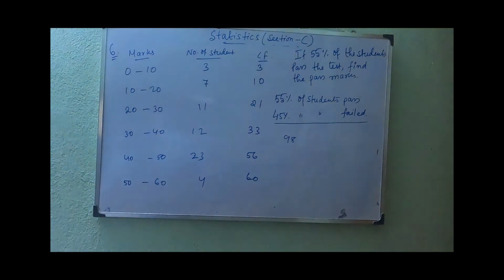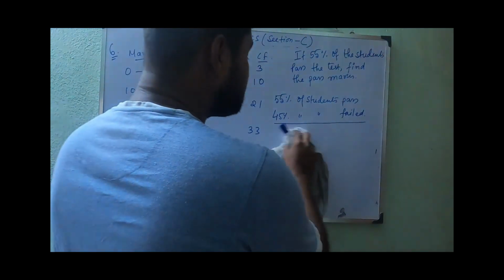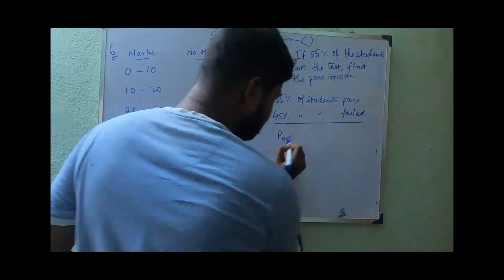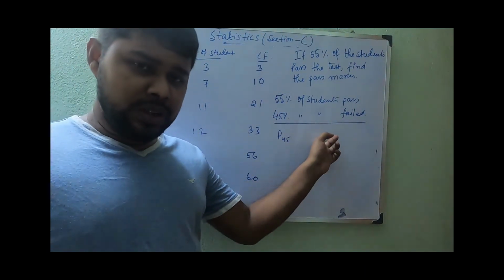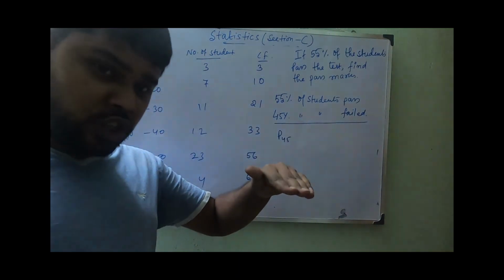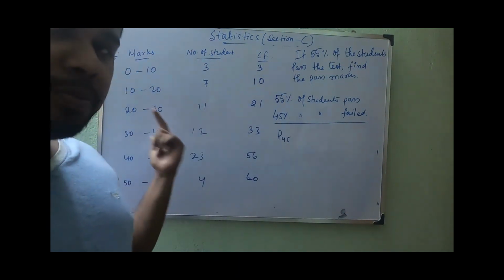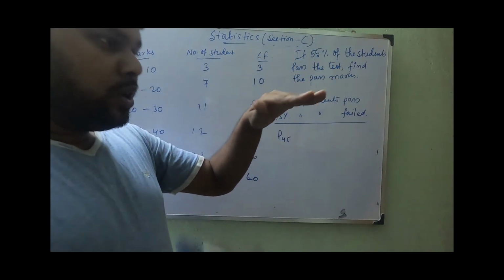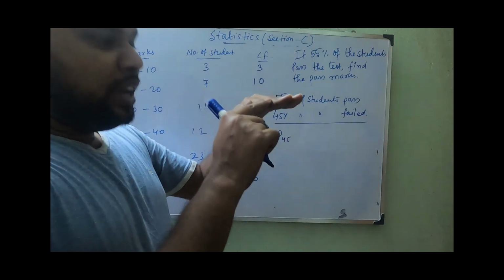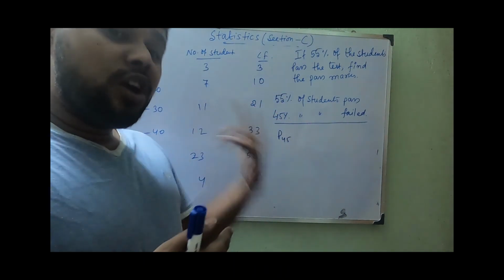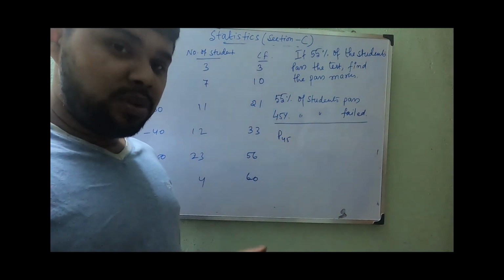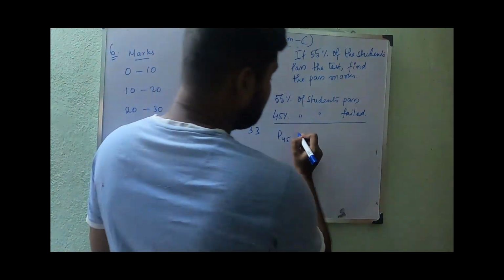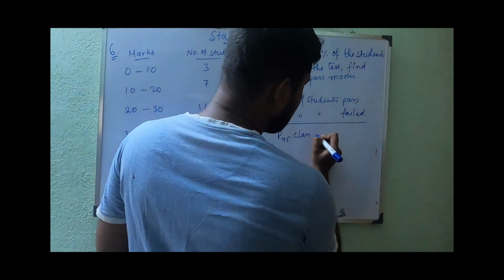So let me first find out the 45 percentile. P45 is the threshold value which a student must get in order to pass, because P45 is the value which the failed students have not managed to secure. So to find P45, let me find the P45 class.